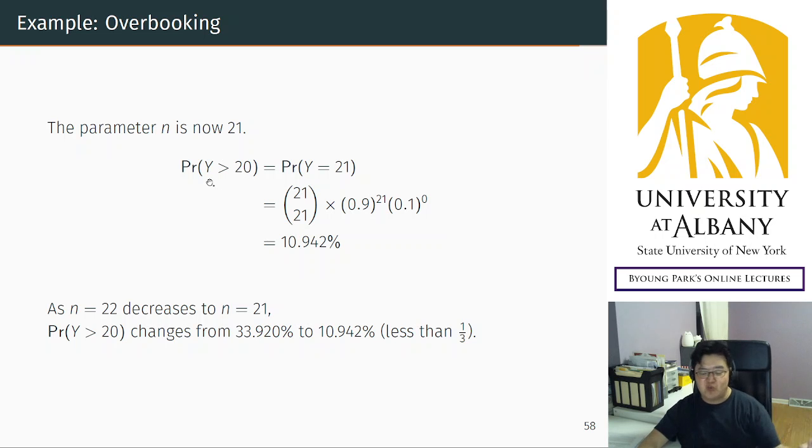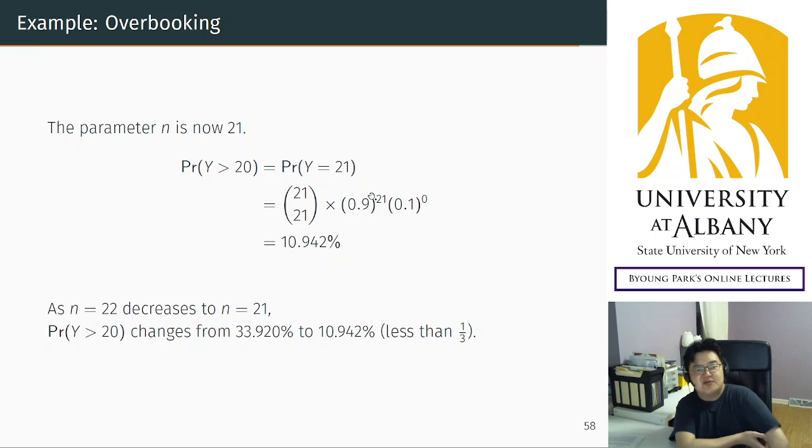When you sell 21 reservations, you are in trouble only when all of the 21 ticket holders come to the airport. That's the only case, and the probability can be obtained using the same formula as before. So you consider only Y equals 21. There is no other possible Y.